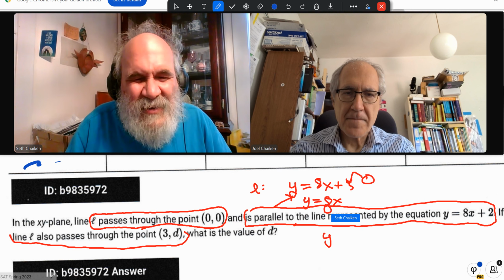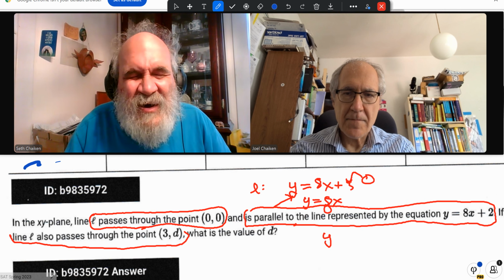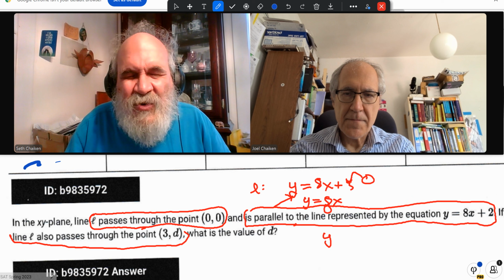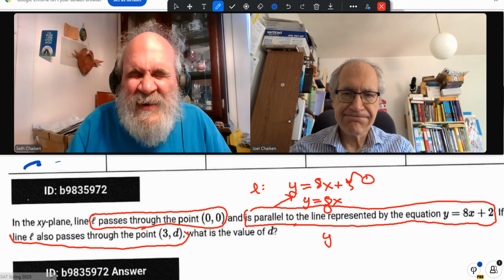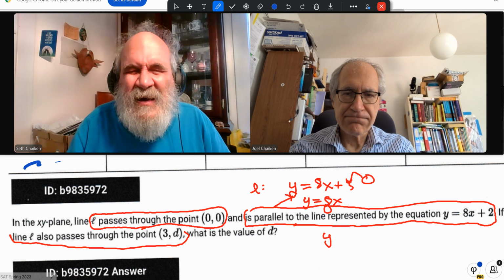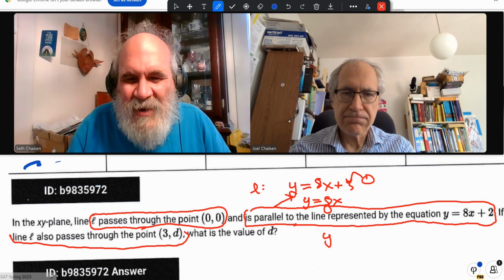Okay, now they tell you the x coordinate of a point on line L. The x coordinate is 3. They want you to supply D, which is the y coordinate. Okay, cool.